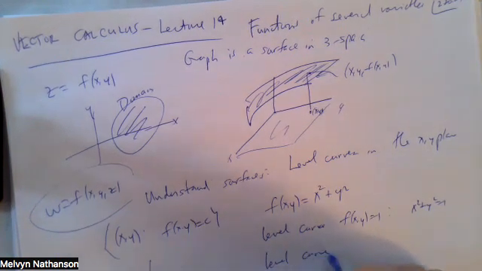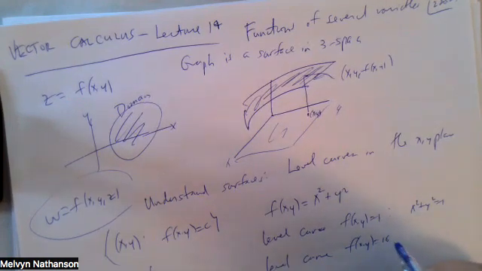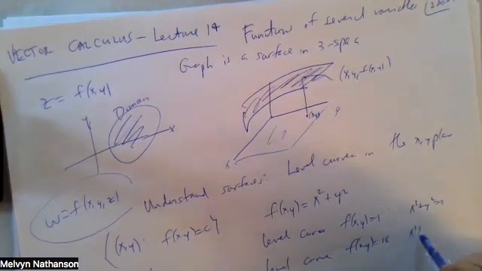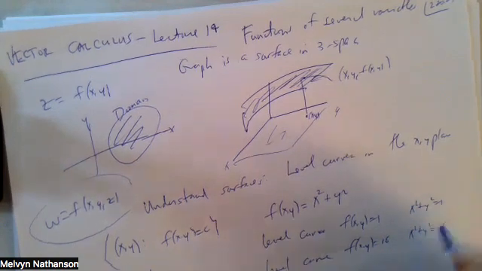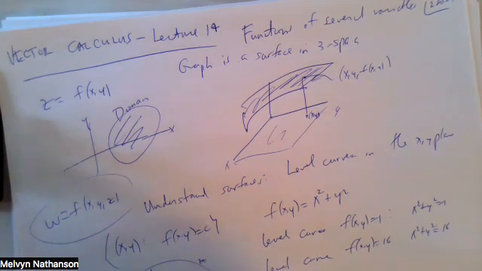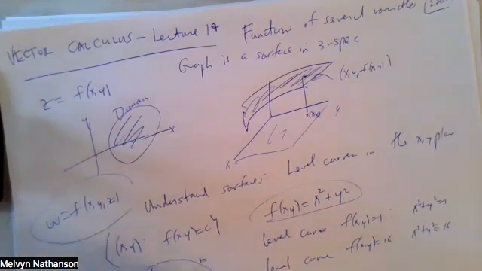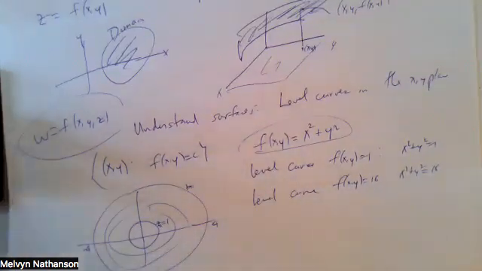You look at the level curve f of x, y equals 16. That's all points where x squared plus y squared equals 16. That's the circle of radius 4. So for this particular function, the level curves are circles centered at the origin.